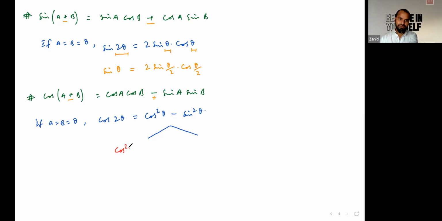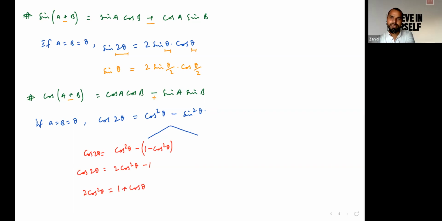So it would be cos square theta minus, converting sine square theta in terms of cos as 1 minus cos square theta. So it would be 2 times cos square theta minus 1 equals cos of 2 theta. By this relation, we can simply write 2 times cos square theta equals 1 plus cos 2 theta.